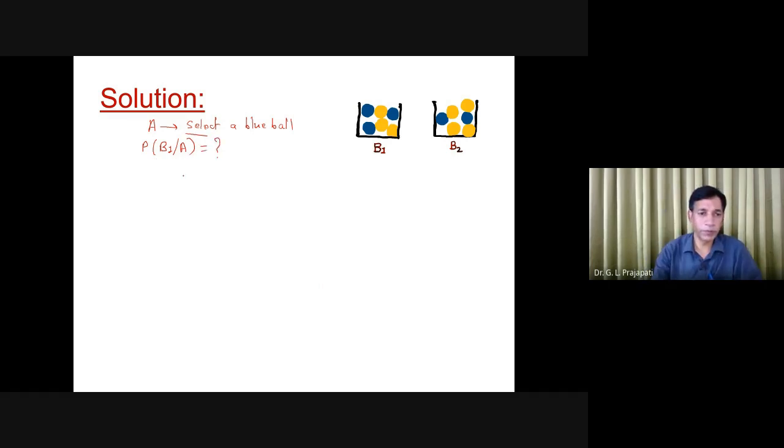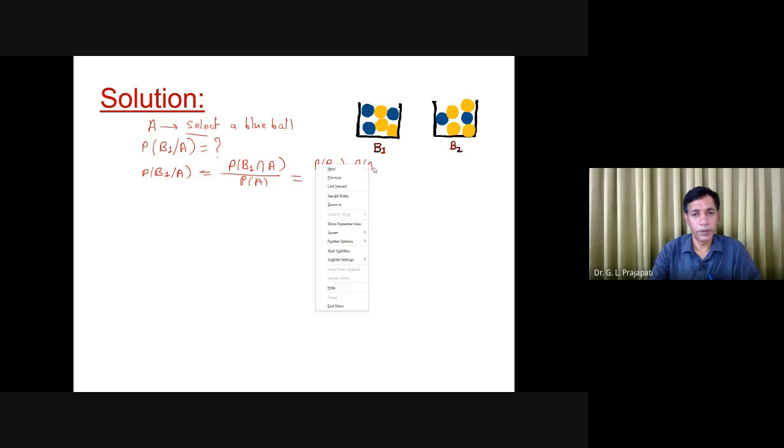With the help of Bayes theorem, you can write probability of B1 given A as probability of B1 and A divided by probability of A. This is probability of B1 times probability of A given B1.